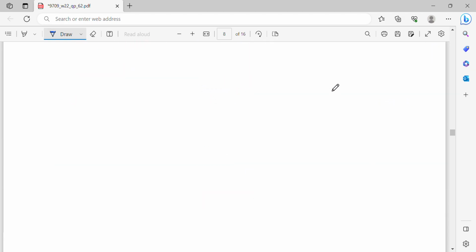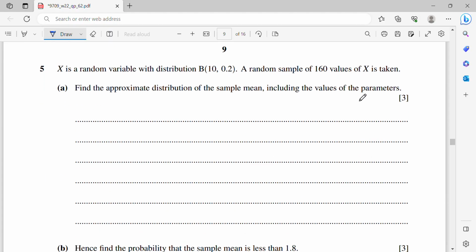Now let's move on to the next question, number 5. X is a random variable with binomial distribution, n is 10, p is 0.2. A random sample of 160 values of X is taken. Find the approximate distribution of the sample mean, including the values of the parameters.